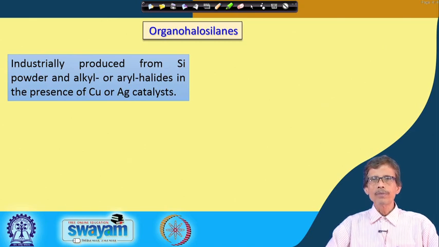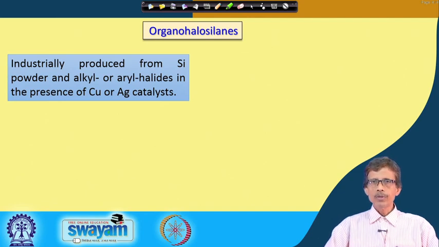Just now we have seen how we can produce silicon rod and silicon wafer, which we commonly use for solar cell applications. Then we have the silicon blocks. Then, as a waste material from this silicon industry, we have silicon powder; due to the processing we sometimes end up with silicon powder, and this silicon powder along with some alkyl and aryl halides like methyl chloride or phenyl chloride or chlorobenzene.